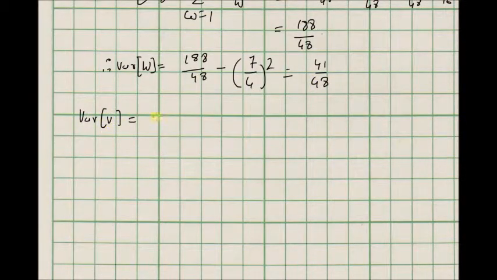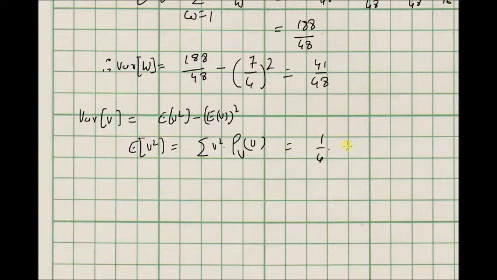So variance of V is defined as the expected value of V square minus the expected value of V whole square. The expected value of V square is simply the second moment of V, defined as V square times the probability mass function, which is equal to 1 by 4 times the summation of V square for V equal to 1 to 4, which is given by 1 by 4 into the sum of the first n square values, that is 4 times 5 times 9 by 6.